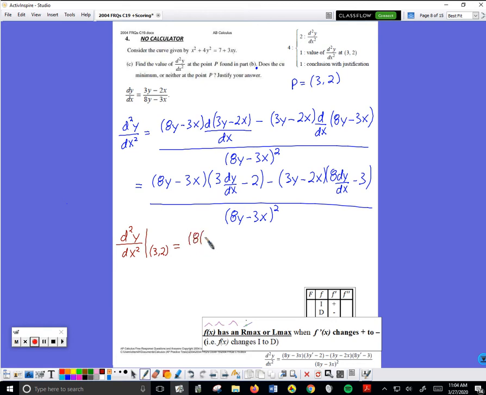8 multiplied by 2. Subtract 3 times 3. This is 0. This is also 0.